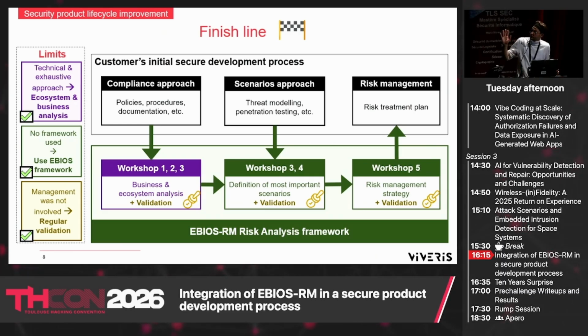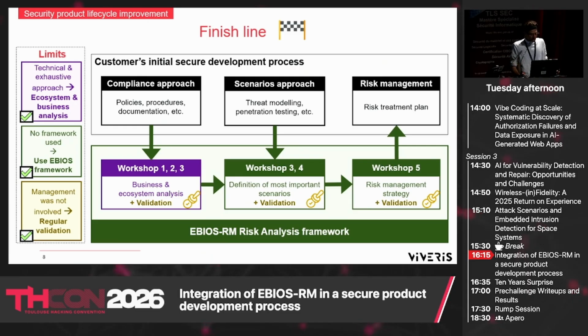Okay, so now we have a better process with a structure and a method to take ecosystem into account, to involve management, but now we have to put in place the EBIOS method.